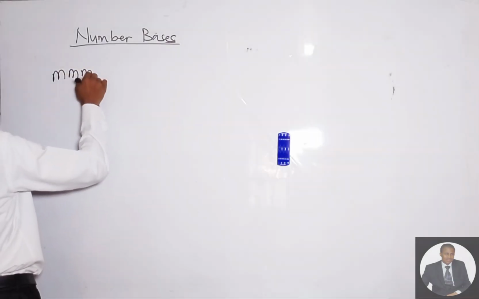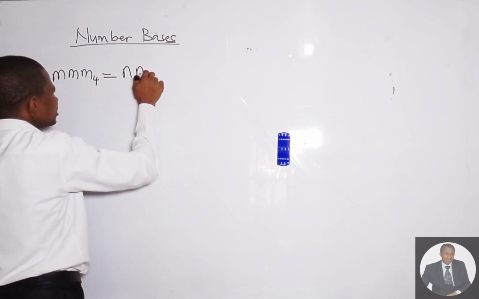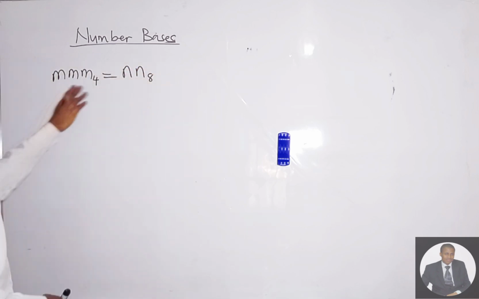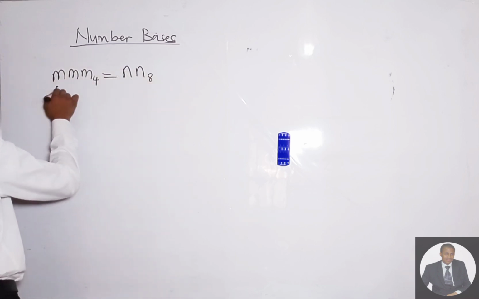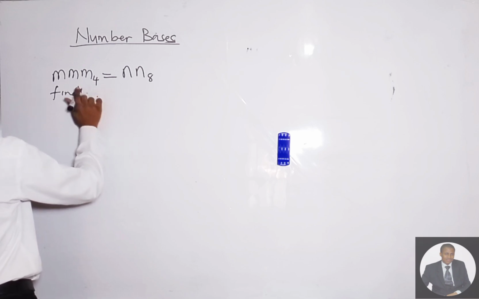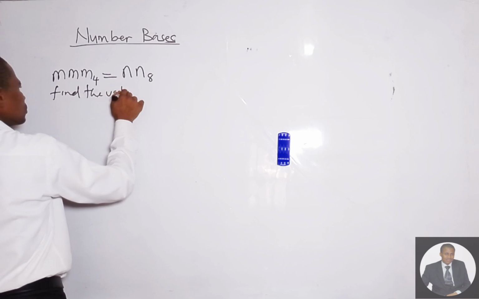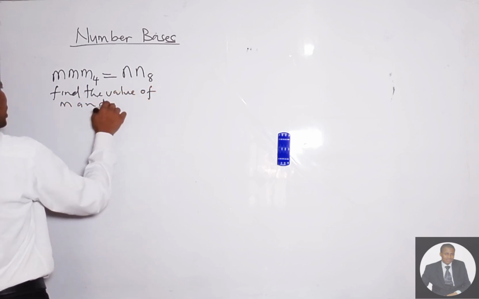mm base 4 equals nn base 8. When we have a question like this, we are asked to find the value of m and n.